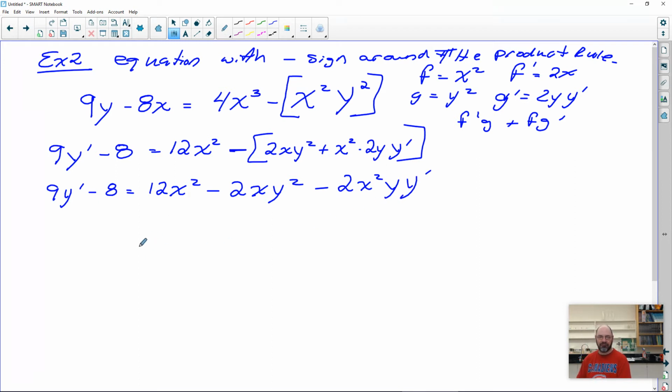And then we have an equation where we're going to isolate the y primes to one side and the numbers to the other. So we see the y prime over here and a y prime over here. So let's add 8 to both sides and add 2x squared y prime to both sides.